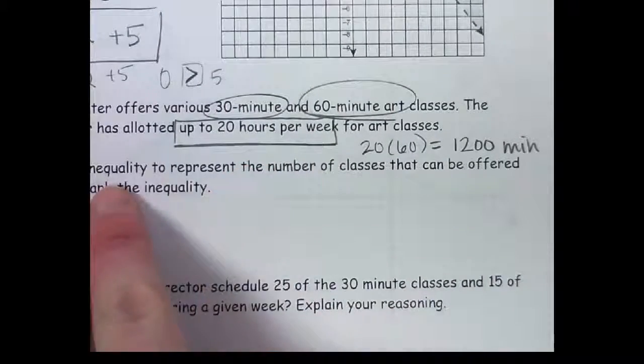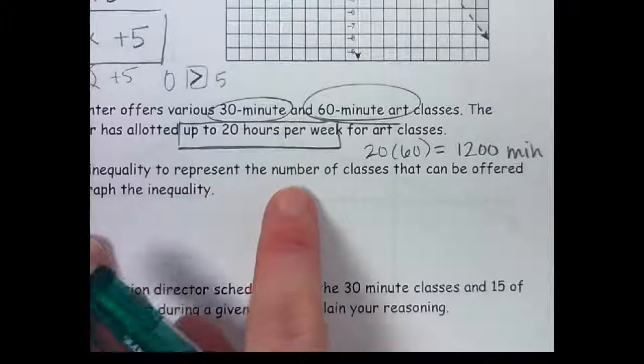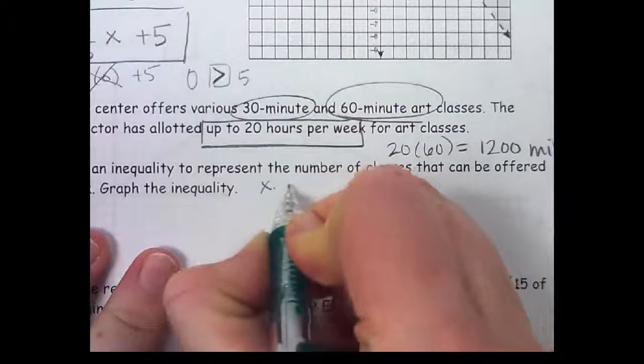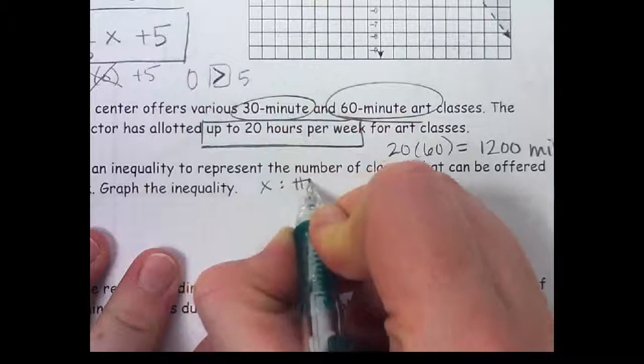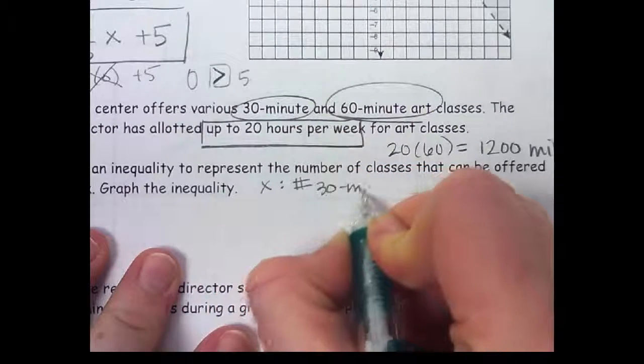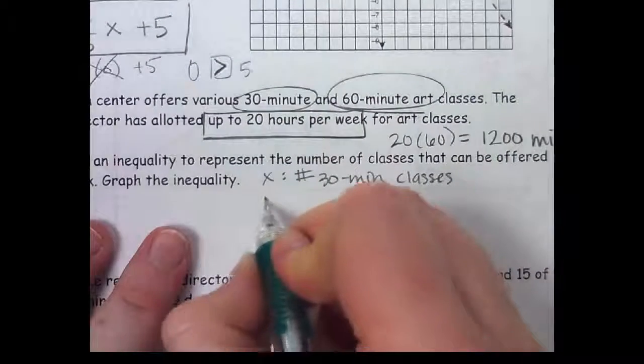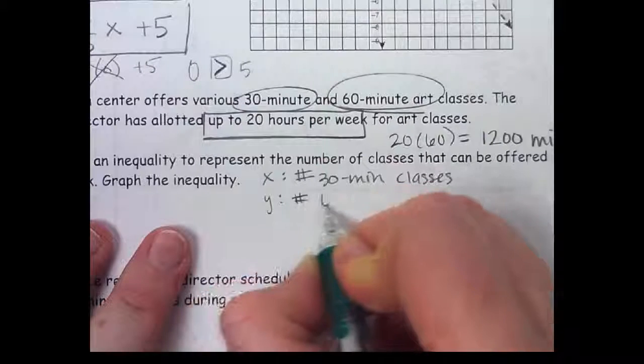It says, write an inequality to represent the number of classes that can be offered per week. You can pick whatever variables you want. I'm just going to use x and y. So I'm going to say x is the number of 30-minute classes, and y is the number of 60-minute classes.